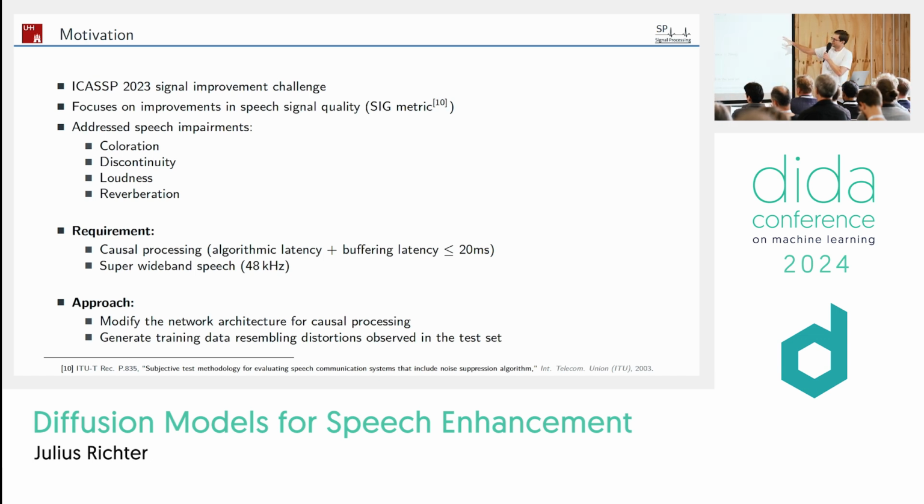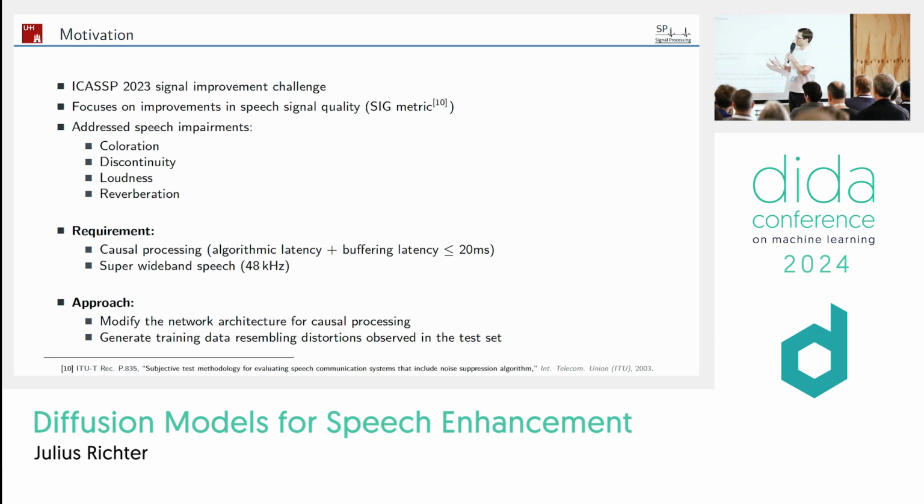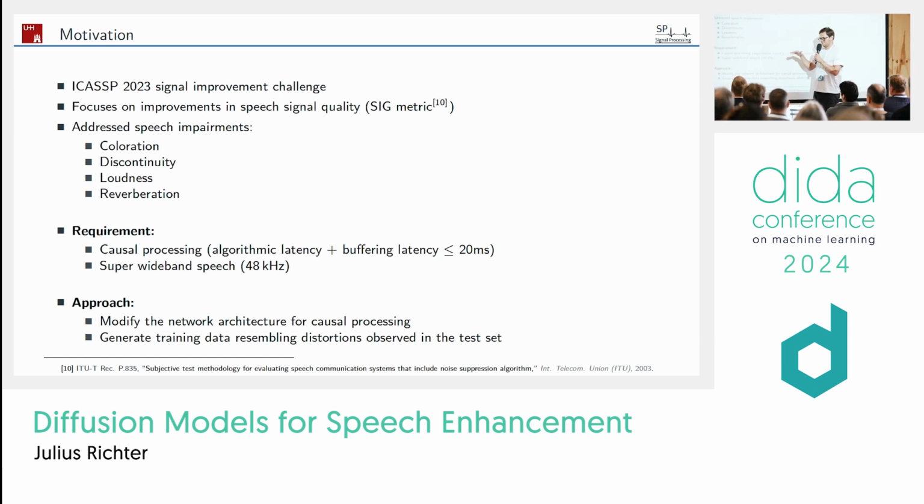And in this challenge, there were some other impairments you have to address. So not only additive background noise or reverberation, but also coloration. So if you have not so good microphones, or you have some energy differences in the frequency bands with an equalizer, that's also part of the input data.